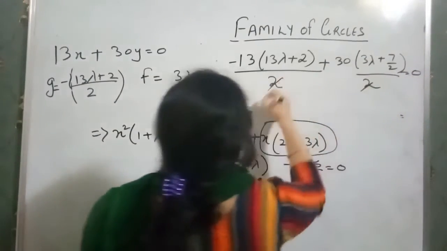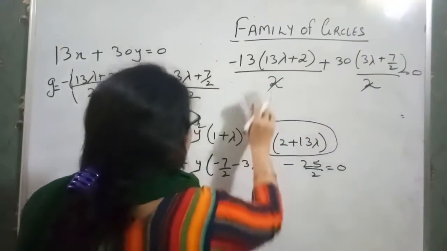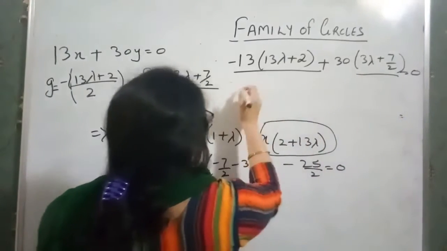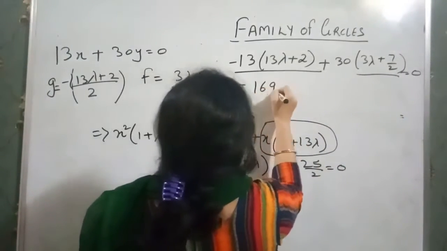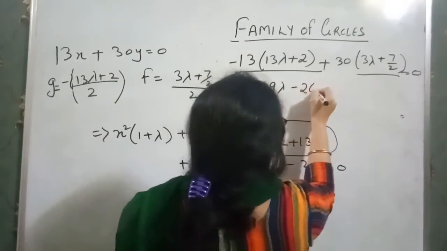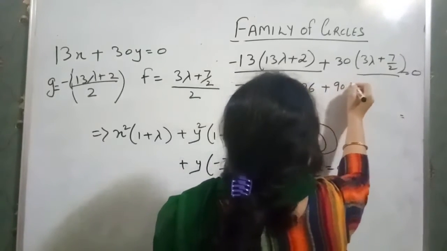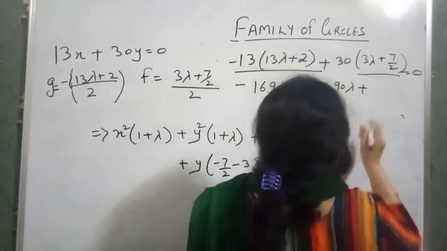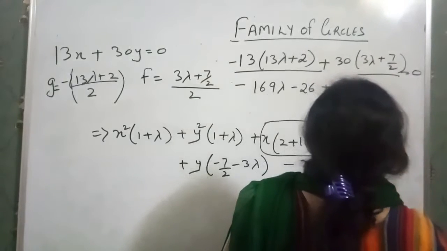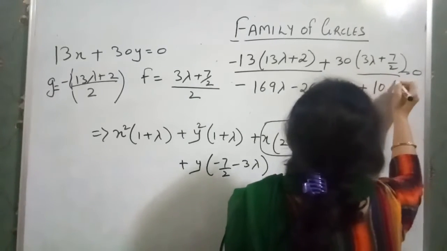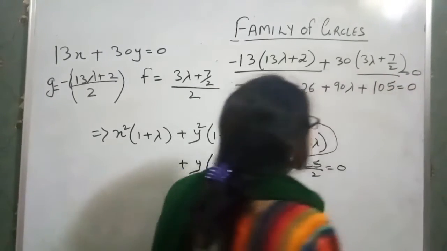So the 2 gets cancelled. So now we have 169 lambda minus 26, 90 lambda plus 15 sevens are 105 is equal to 0.